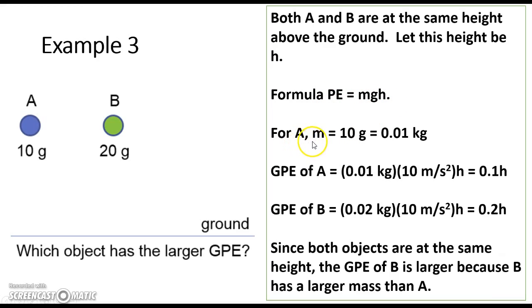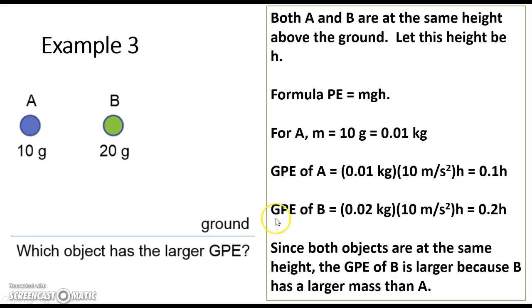For the mass of A, the mass is 10 grams, which equals 0.01 kilograms. So we substitute this value in the formula for the gravitational potential energy of A. Here we have mass is this, g is this, and we let the height be h. So the PE in terms of h is 0.1h.